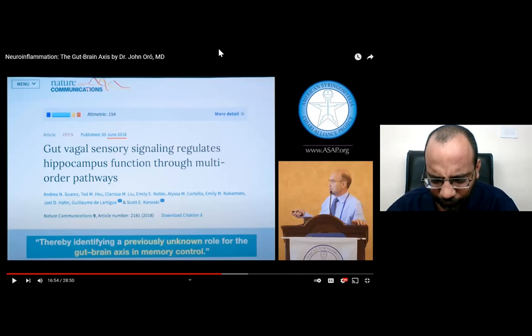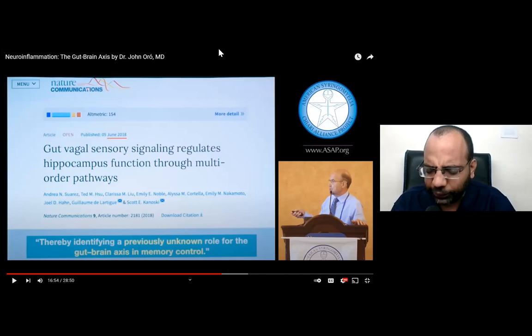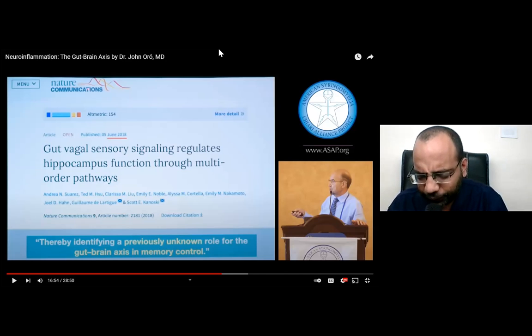And CRP is one of the markers of neuroinflammation. C-reactive protein. All those who are post-stroke patients, you will see there is a high CRP in these patients. Even in our clinic, we regularly see high CRP in post-stroke patients.